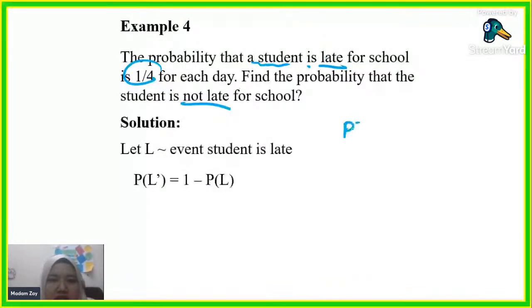So the probability of not late, so it's a complementary of late. So L prime. So we can use the complementary event formula. So the probability of L prime is equal to 1 minus the probability of L, which is 1 minus 1 over 4, equal to 3 over 4.